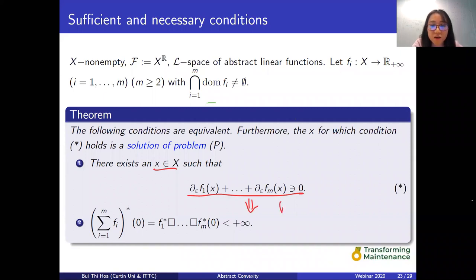But the other way around holds true as well: if x here is a solution of the problem, and also the convolution here is exact, then the two are equivalent to each other. So we have two sufficient and necessary conditions out of this characterization.